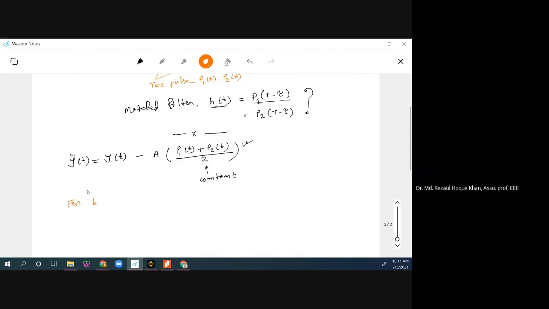So for bit 0, y(t) equals a p1(t) plus noise.